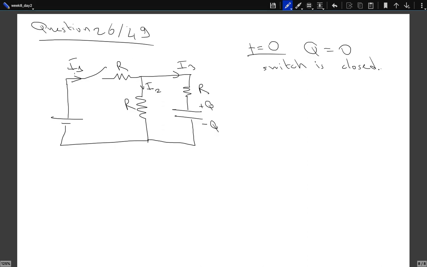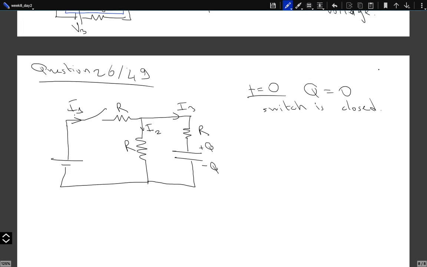Now let's see. What is the current at t equal to 0? Why should it be 0? You see, we have 3 currents anyway. I mean, at most one of them would probably be 0, but not all of them.